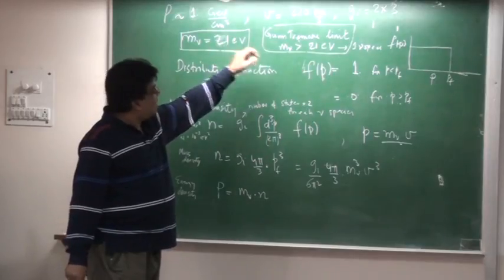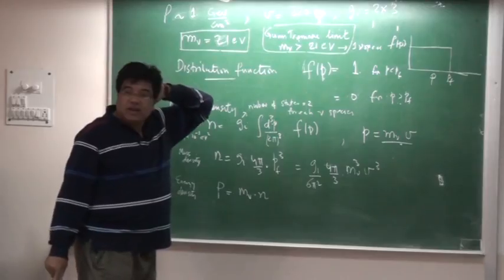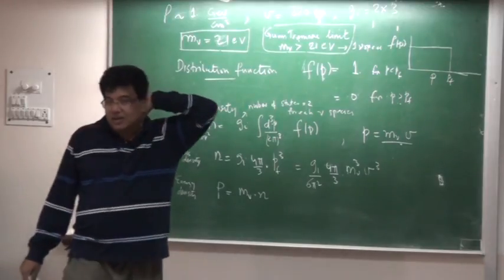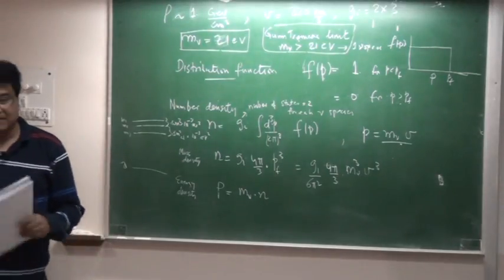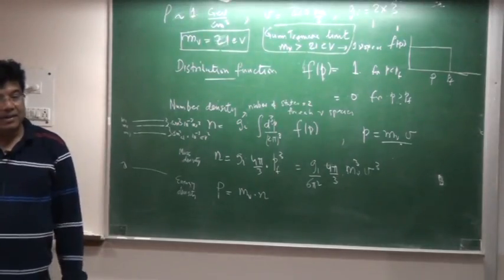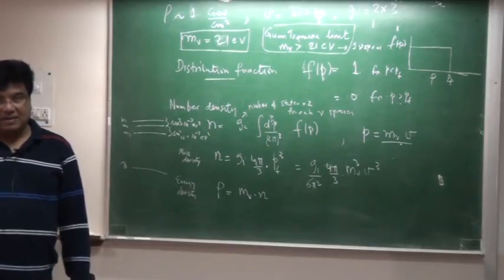So why do I say that in the real world m nu should be greater than 21? You can have relativistic corrections. No. Actually, rho, you calculate it at the core; outside the core it will decrease.